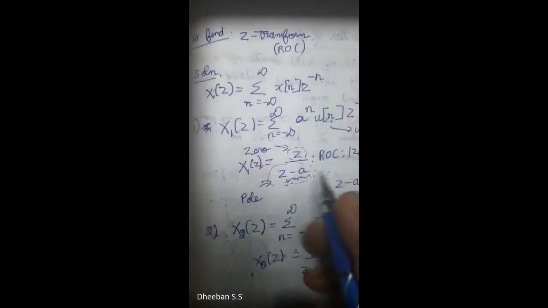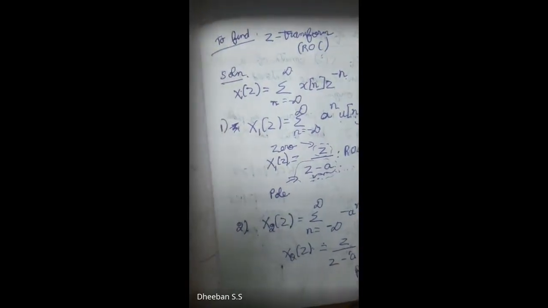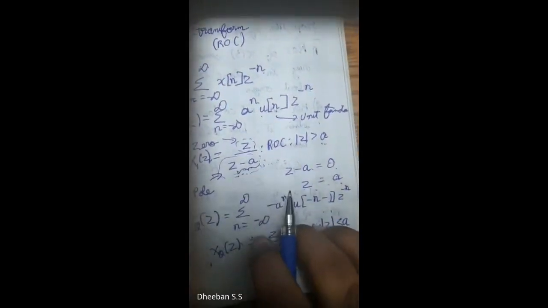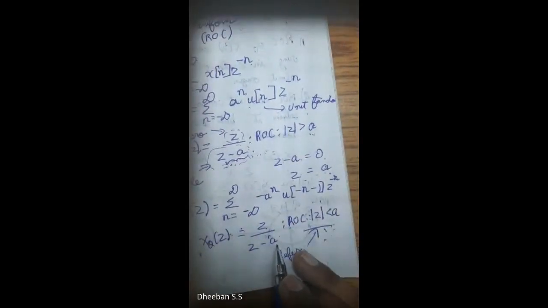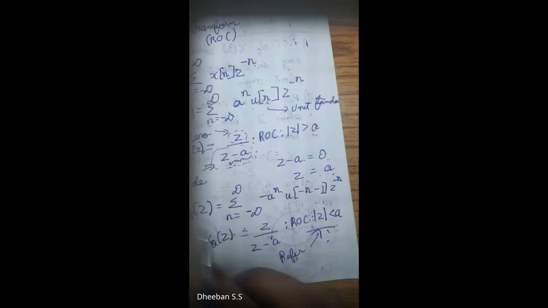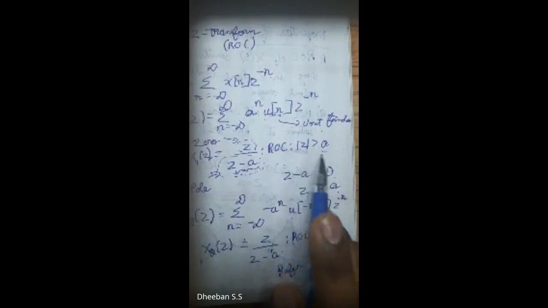Similarly for x2 you got z by z minus a. We got the same Z transform, but the ROC was differing. The ROC was |z| greater than a for the x1 signal, and for the x2 signal it was less than a.